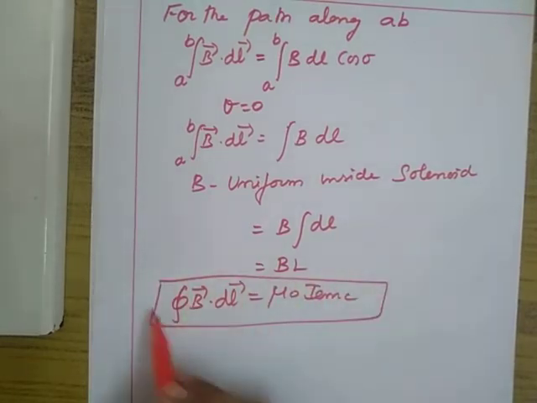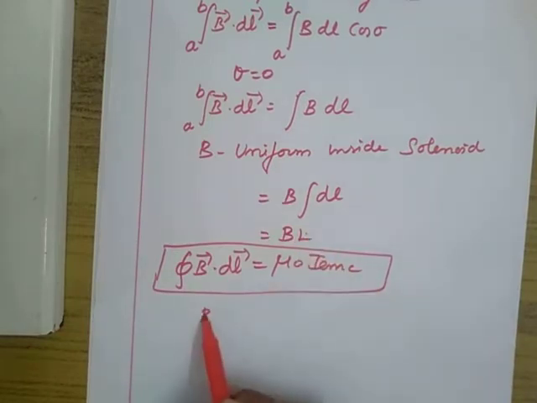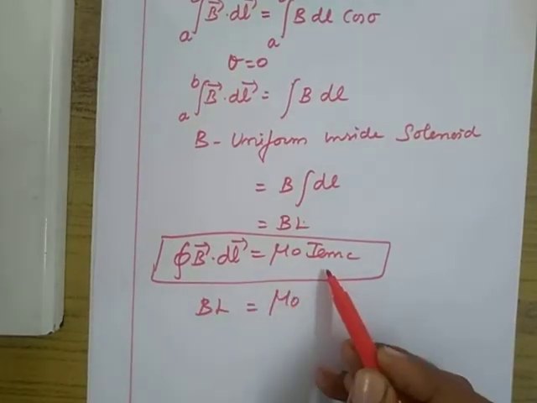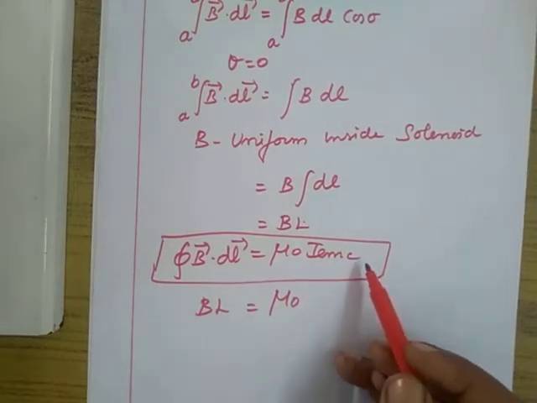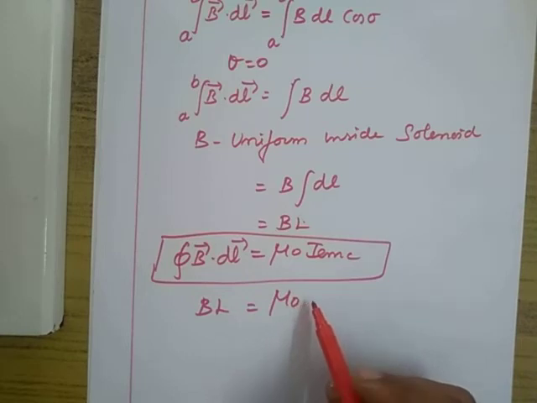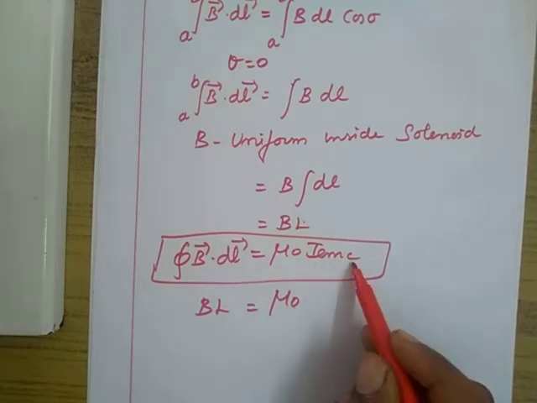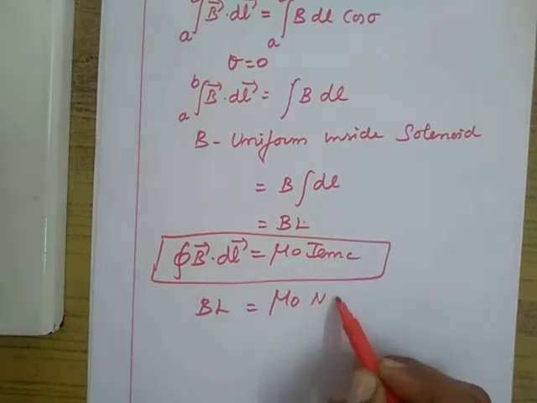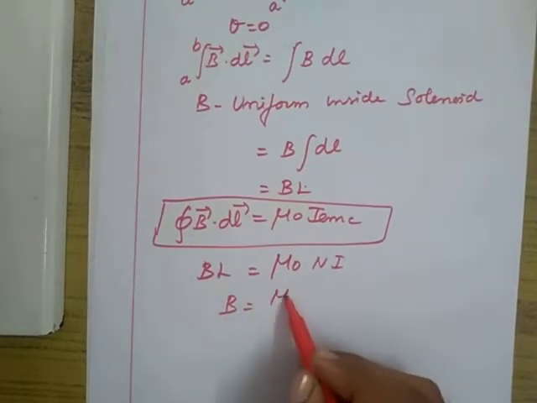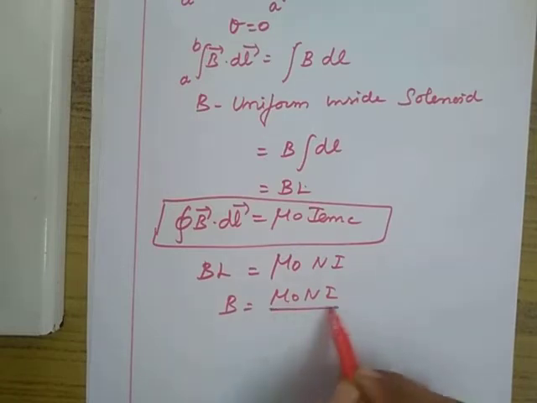Here this is the left side, so I put BL here, and mu naught I enclosed is the current enclosed in the Amperian loop. Since we consider the Amperian loop length equal to the length of the solenoid, we can write the enclosed current as N into I. Then modifying this, magnetic field B is equal to mu naught N I by L.